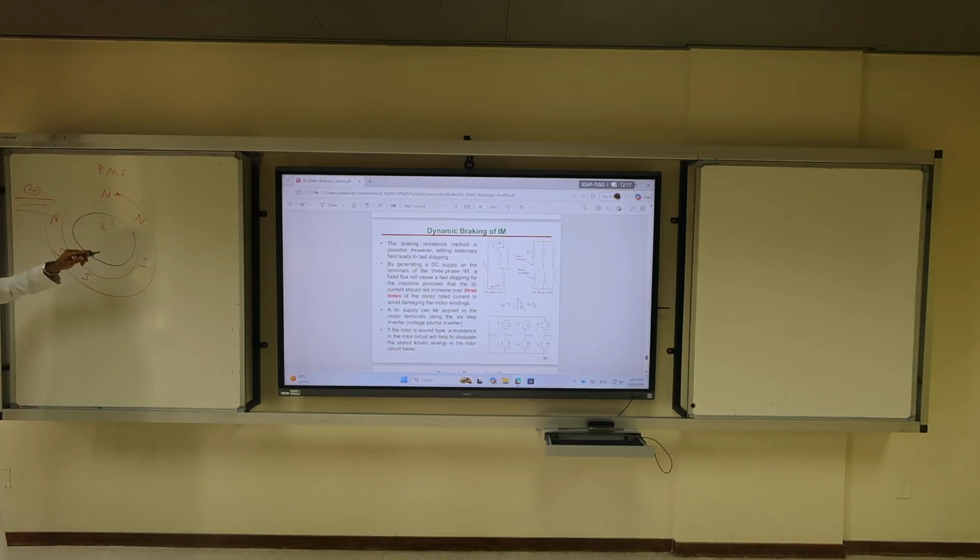Clear? Now if you apply a DC field, it will be, for example, the N here and the S, I'm going to call it DC, so it will be fixed.